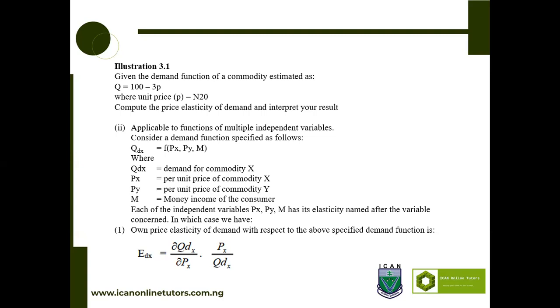So let's take a look at how this can be practically solved. We are given the demand function to be quantity equals 100 minus 3P, where the unit price is 20 naira. So we have to compute the price elasticity of demand.